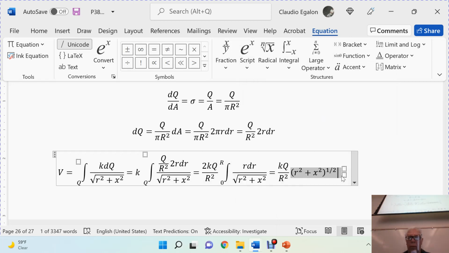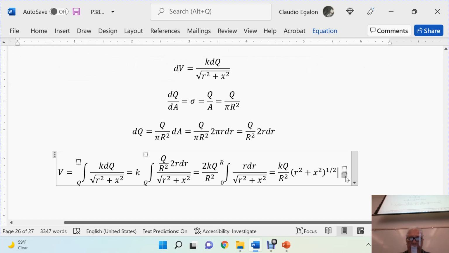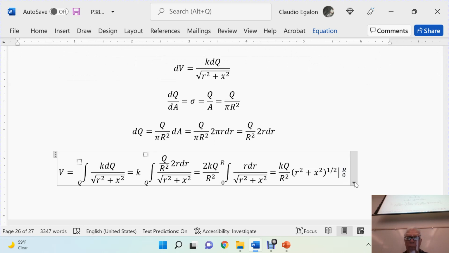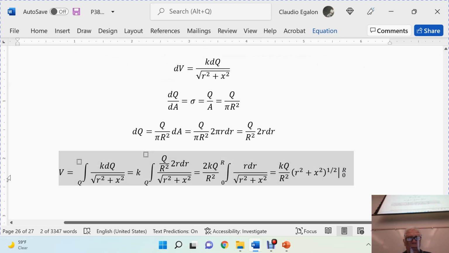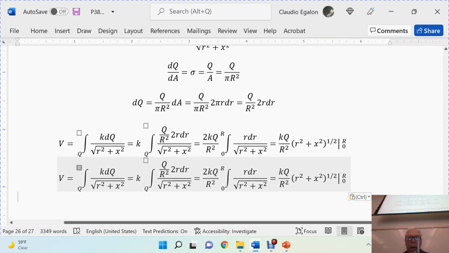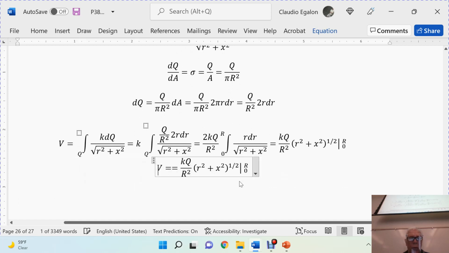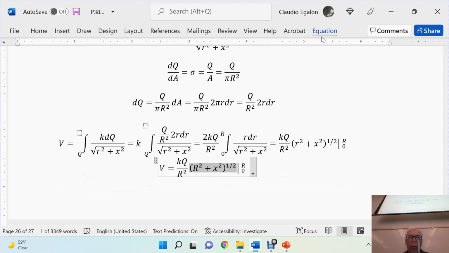Here you go, from 0 to big R, like that. Okay, apply the limits. Big R here. And I gotta come up with a parenthesis as well.